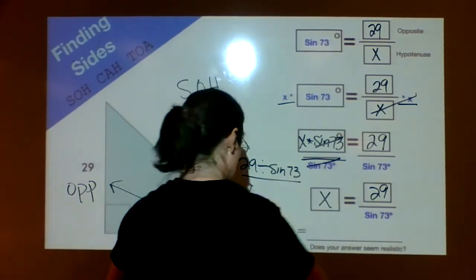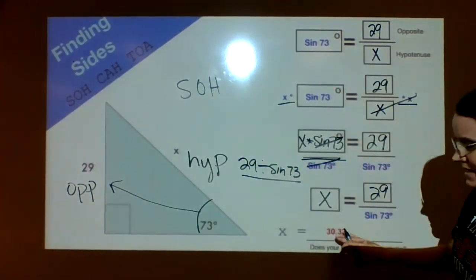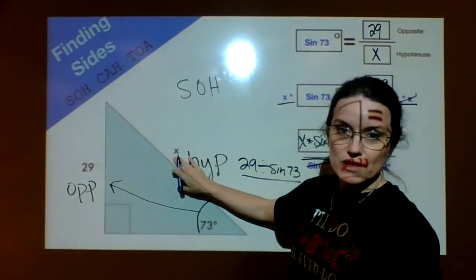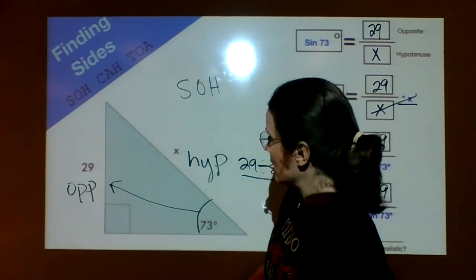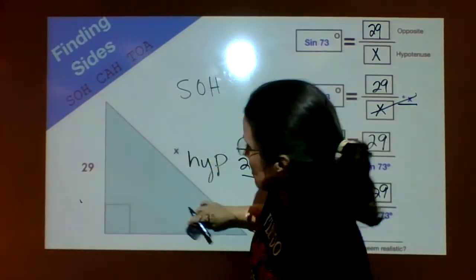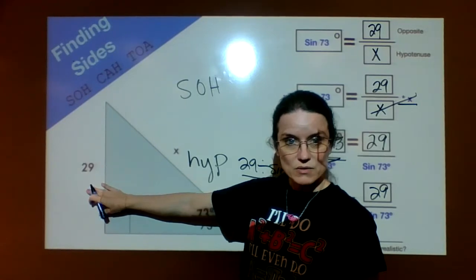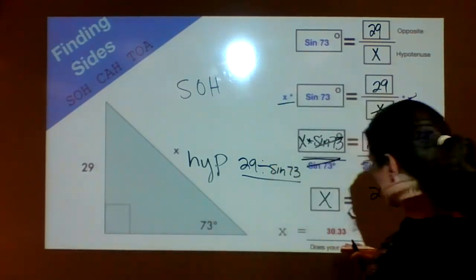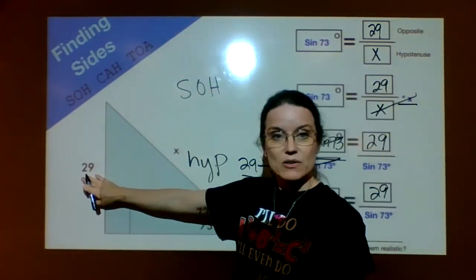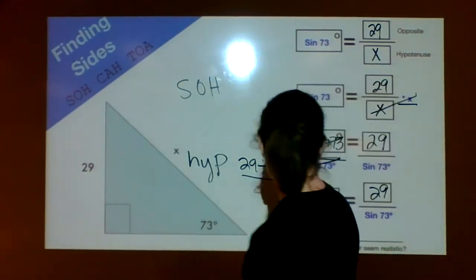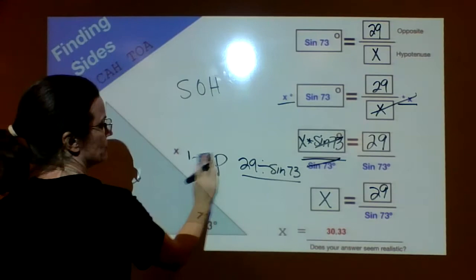You're going to end up getting something like 30.3. You ask yourself, is 30.3 a reasonable hypotenuse in this triangle? Well, it needed to be longer than the side because the hypotenuse is always longest. So 30.3 is bigger than 29. So yes, this is a reasonable hypotenuse for my triangle.